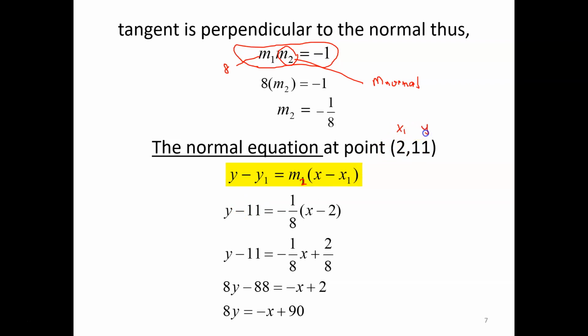We're still using the same point, and the only thing different is the gradient, which is the normal gradient. You substitute into this, then you get this answer. You can leave it like this, or rearrange it in terms of y equal to -1 over 8x plus 90 over 8, also can. So this will be your normal equation.